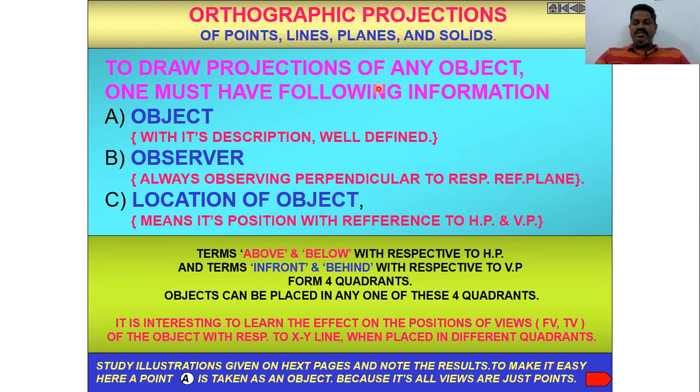To draw the projections of any object, one must have the information of the object, the observer, and the location of the object. These three pieces of information are required.